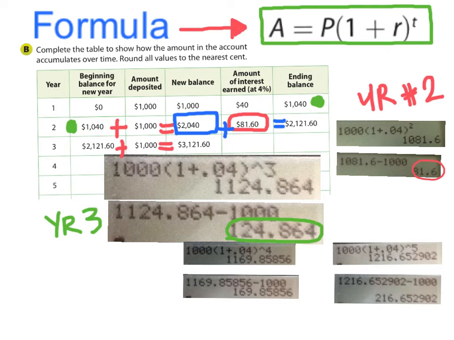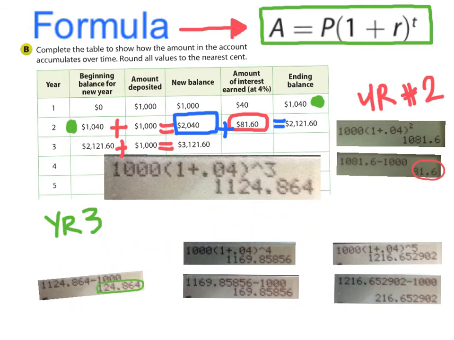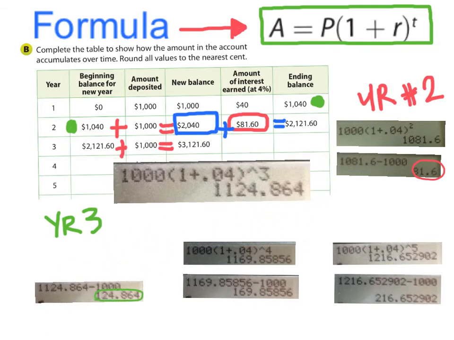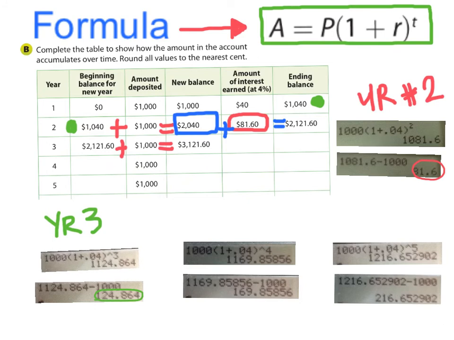The other thing you need to think about is money is not written with 3 digits behind the decimal. So this third digit, we're going to round it up or keep it the same. So I'm going to shrink these back down, move them out of the way, and now I'm going to write in my interest for year 3.